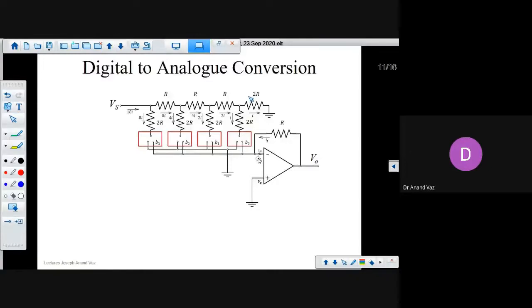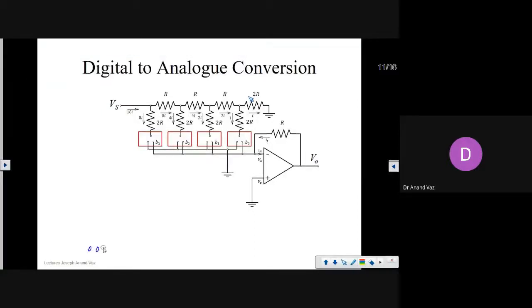And you can now see that you have 16 different levels starting from 0, 0, 0, 0 to 1, 1, 1, 1. Okay, so you have patterns from 0, 0, 0, 0 corresponding to bits B0, B1, B2 and B3. And depending upon these, you can go on increasing this, you can have 1, 1, 1, 1.